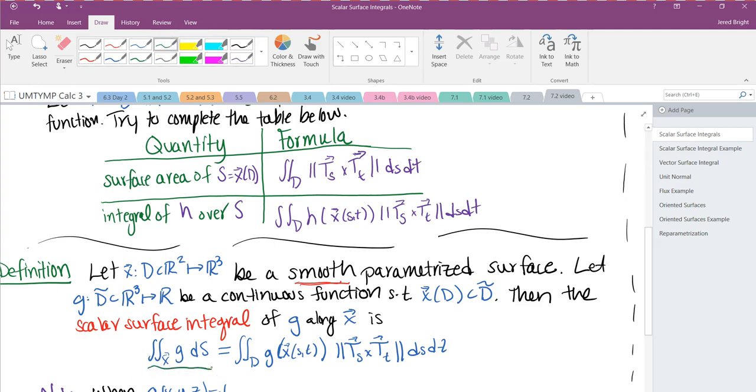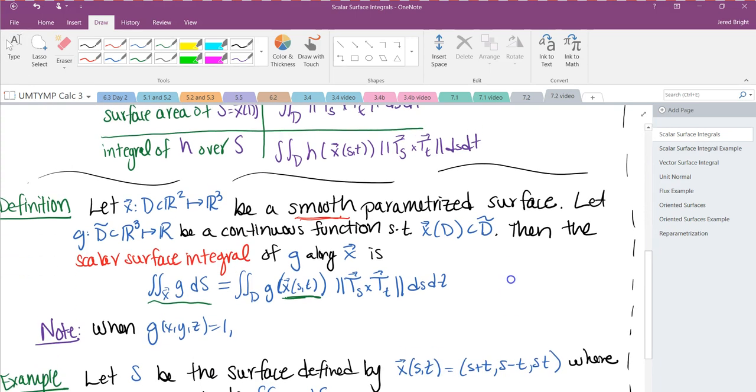Now we're just doing it over a surface, and so again we would use a parameterization for the surface. That's what the x of s, t is, and we substitute that into our continuous function, and then we have to multiply by that length, Ts cross Tt, which we saw last time as the normal vector.